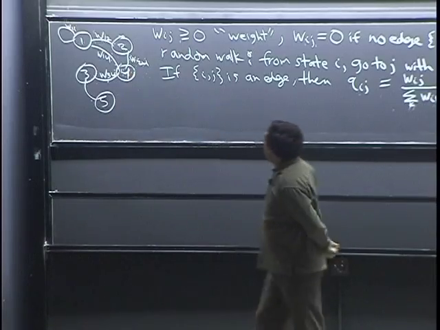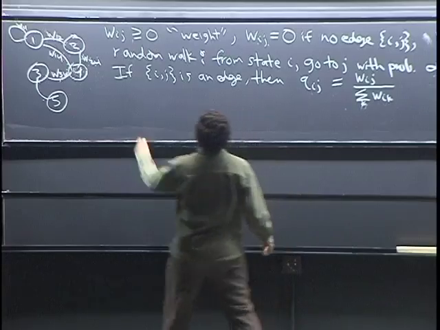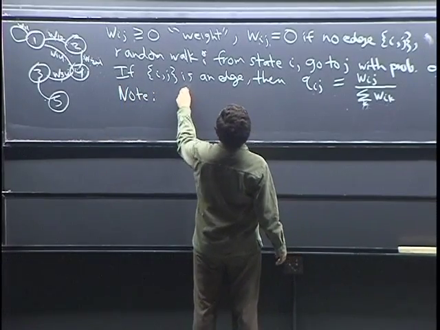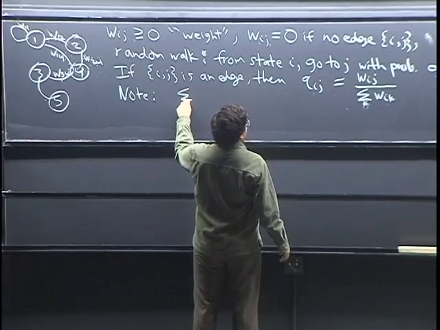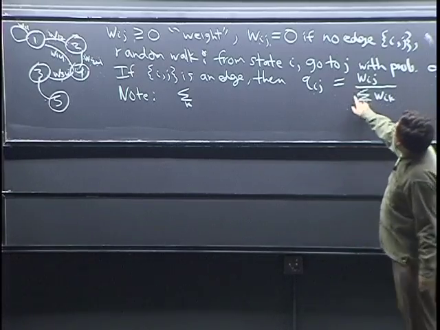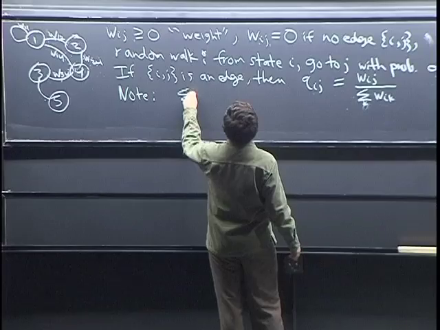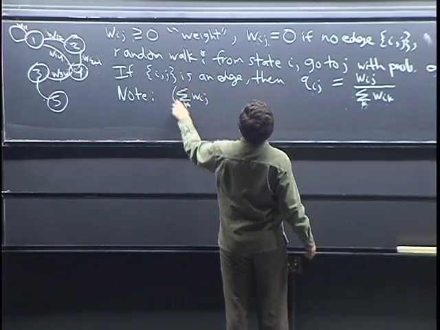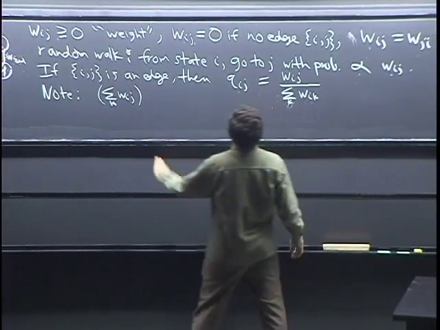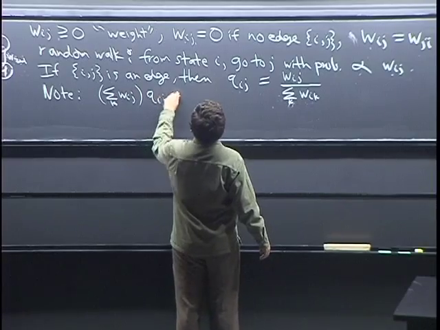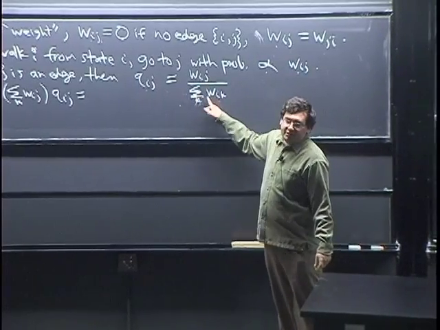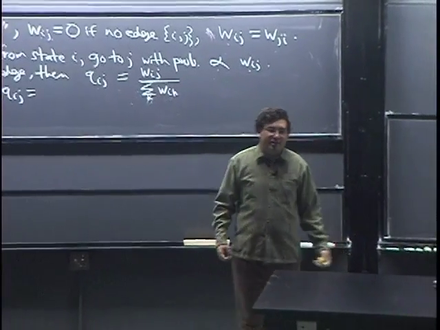So, okay, if we do that, notice that I'm just going to multiply by this denominator here, right? So I'll take this thing, the sum over all k of Wik. That's the generalization of degree to the weighted case. And if we multiply by Qij, then that just cancels the denominator, which is why I chose that.